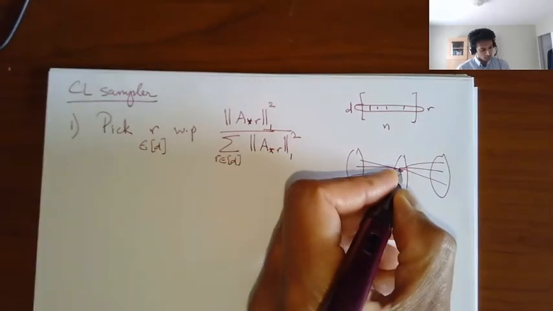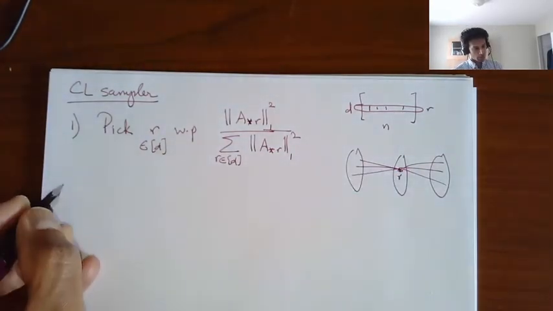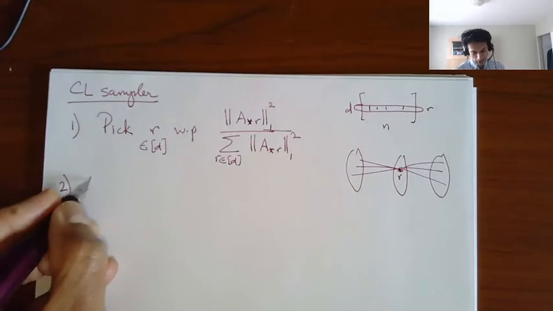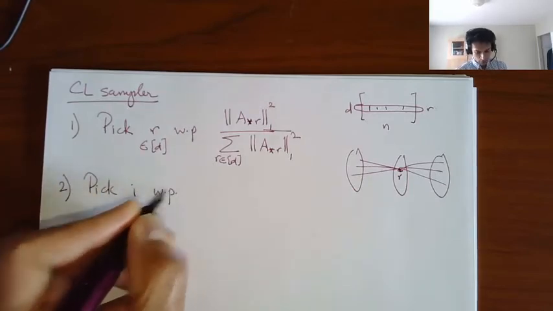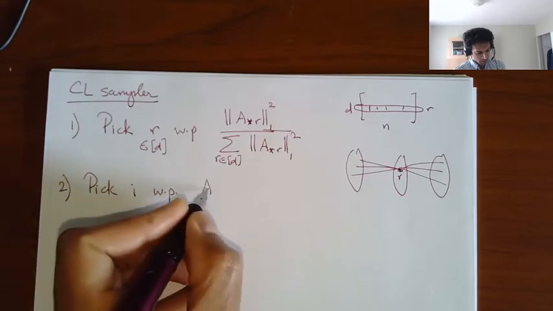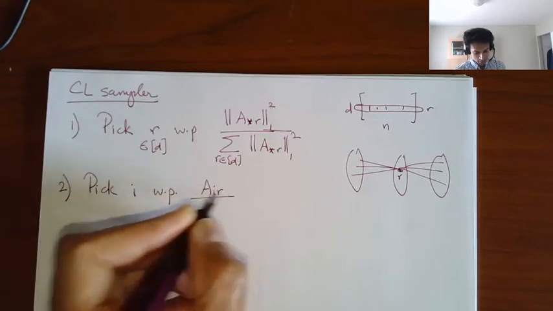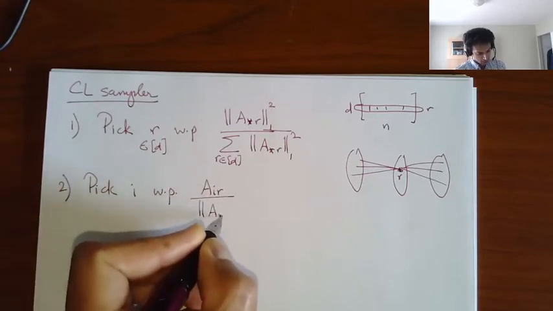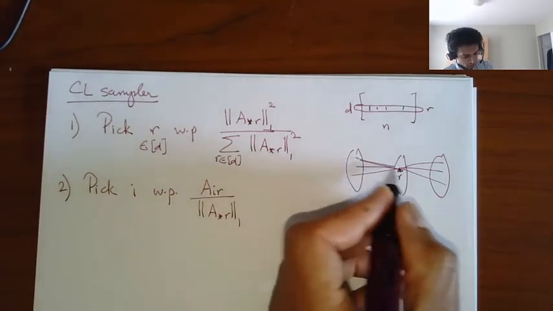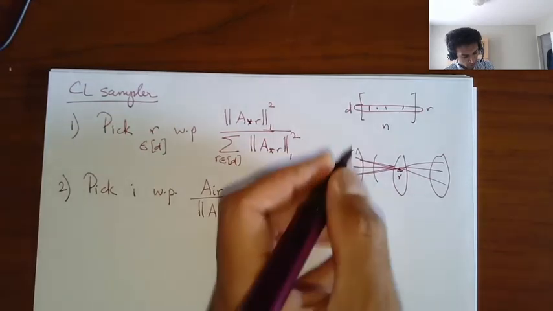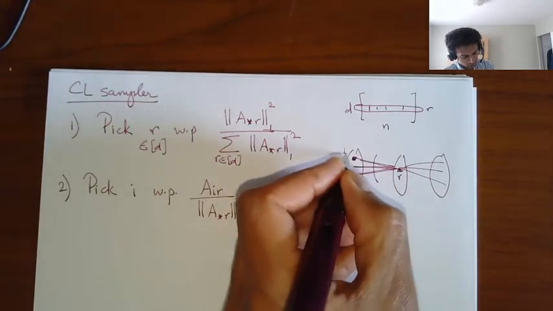So I first pick an r. The second step is I pick i with probability A i r divided by A star r 1 norm, which means from r, I look at the neighbors and flip some coins to pick an i.